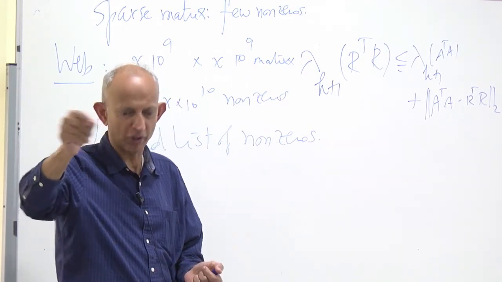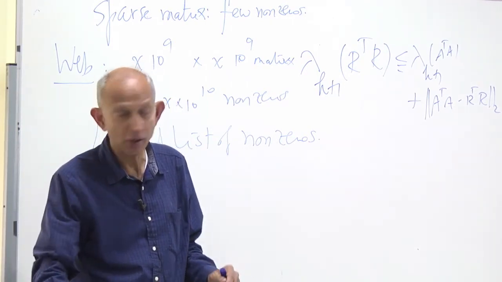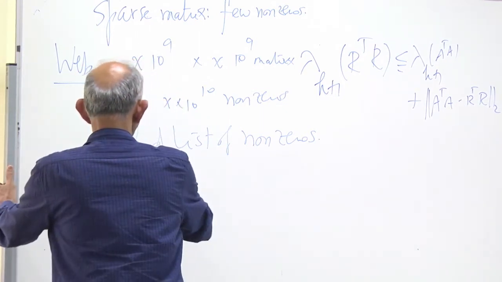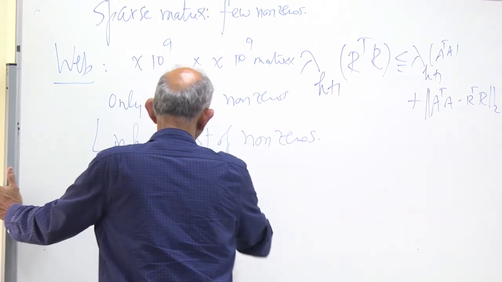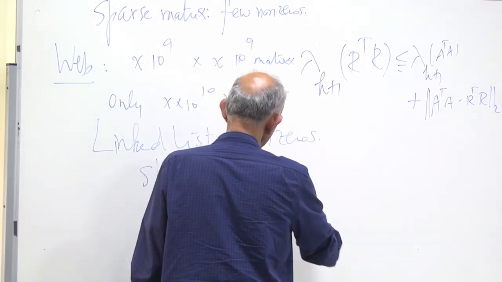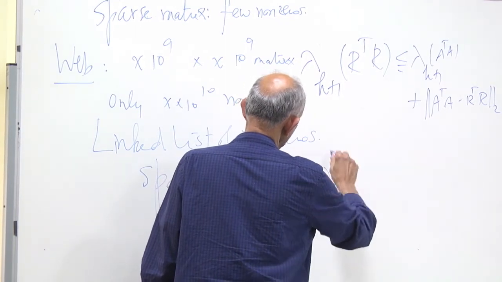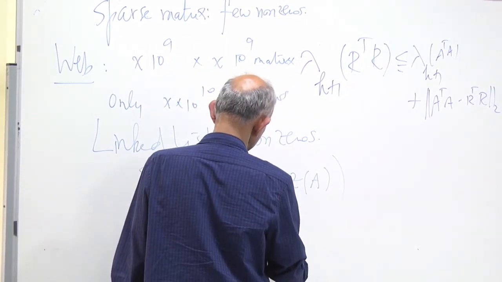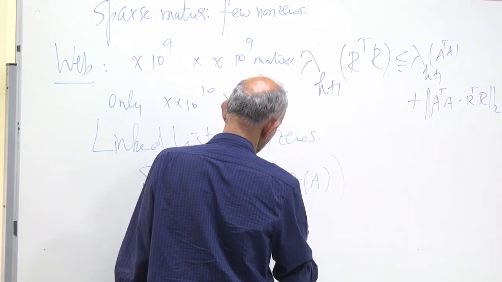It just tells you where the next entry is and so on. So you don't write down the zeros. You basically have space proportional to the number of non-zeros. Here's a piece of notation that's now become standard: NNZ of A, which is the number of non-zeros of A.